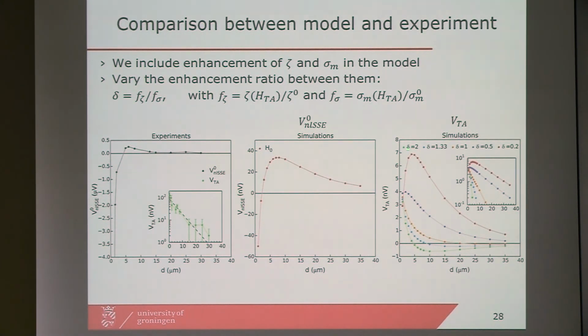But by reducing delta, we can shift this curve upwards such that for some value of delta we have a purely positive amplitude, which is also what we observed in the experiments. So we find qualitative agreement for delta between 1 and 0.5, which means that your sigma has to be enhanced slightly more strongly than your spin-Seebeck coefficient.